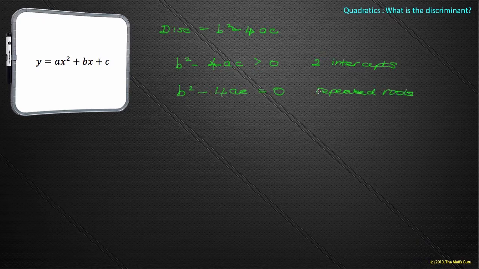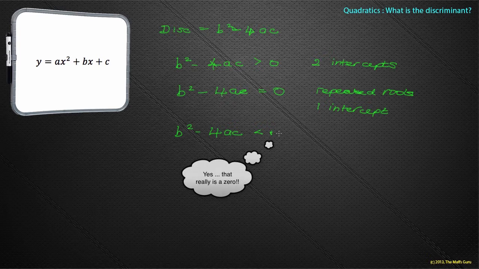Or it has, I'm going to use the term one intercept, but it never really feels right to say that. And there's only one more case left, that if b squared minus 4ac is less than 0, or a negative number, then what we end up with is no intercepts.